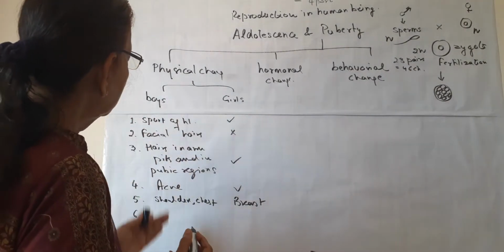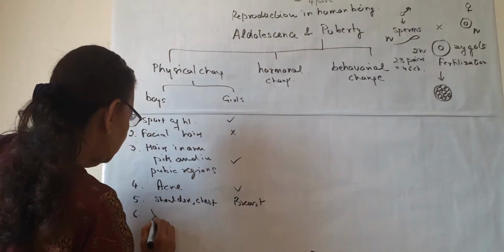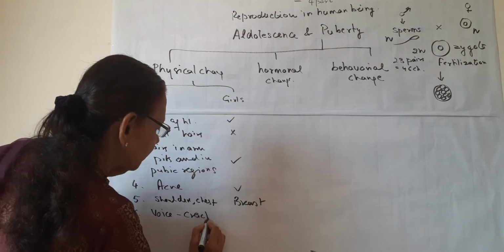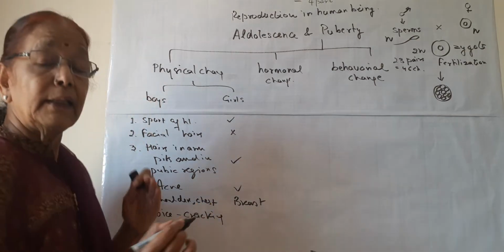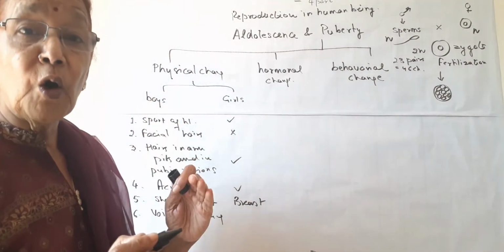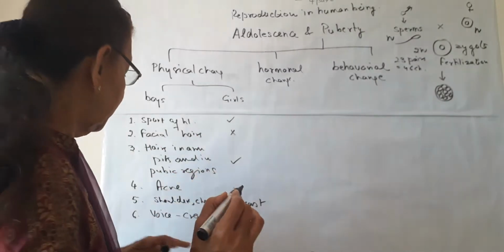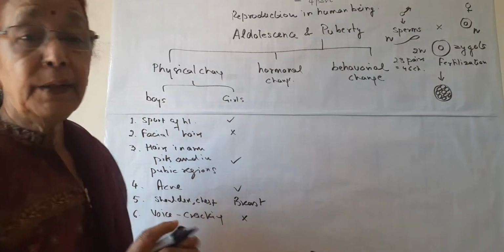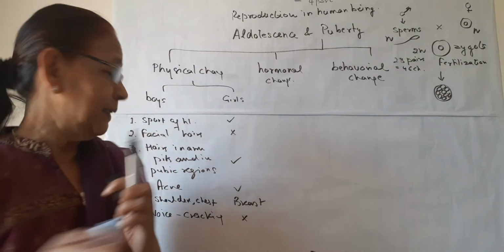So these are important. One is voice. In boys, it starts cracking. That is, they now have a deep voice or a hoarse voice. So voice cracking, and this is not done in girls.